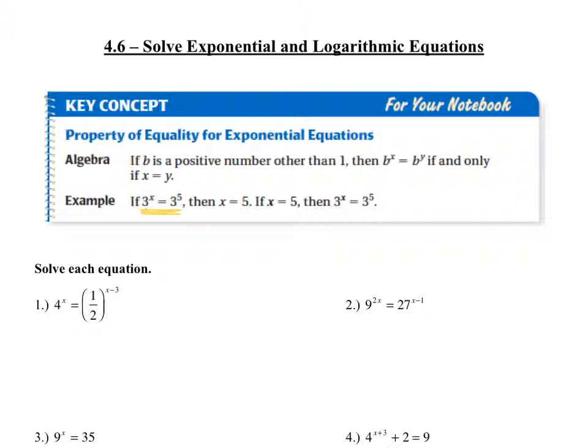We have 3 to a power equals 3 to a power. What is that power? 5. So when they're in the same place with the same base, the exponents are equal to each other.